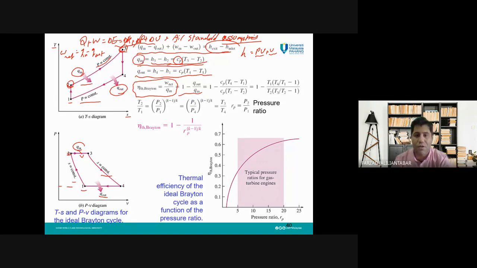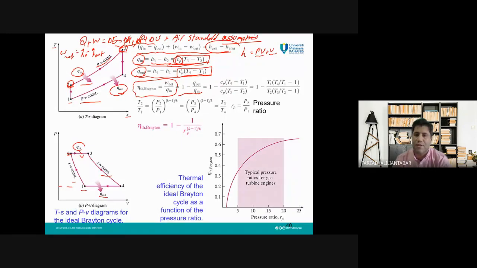Now we have an equation for Q in and Q out based on the temperatures in those four different states, and also the specific heat of our working fluid, which is air, based on our air standard assumption.